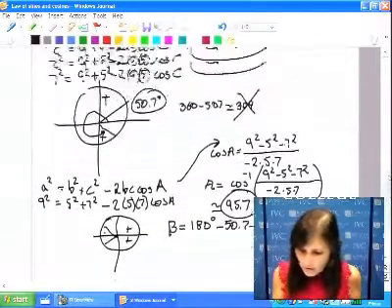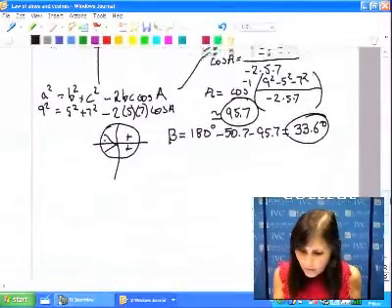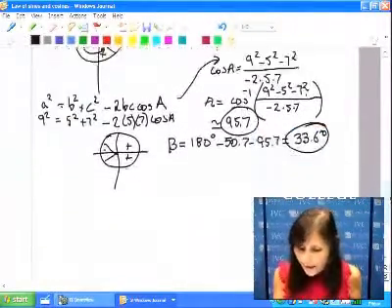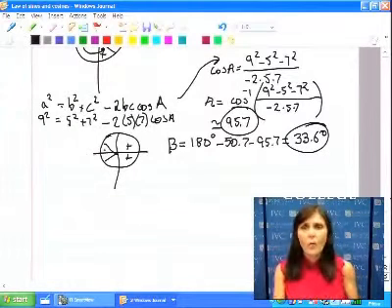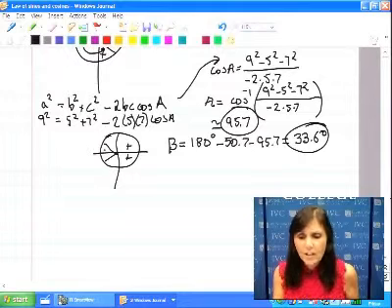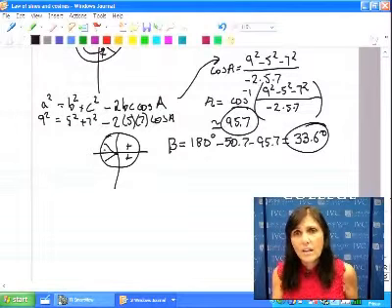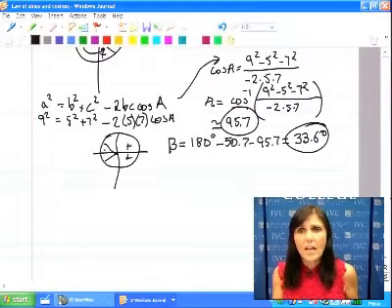Does this triangle make sense? You have about 50, 30, and then about 90. All right, that makes sense. So when you do an SSS, always check the reality of it, and you can use the cosine law twice and get the third angle using the sum of angles is 180 degrees.